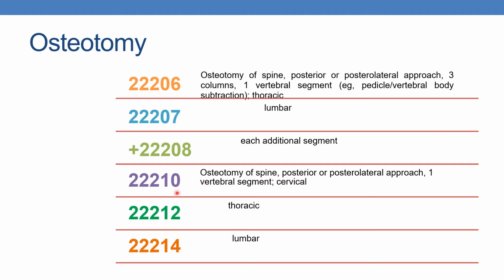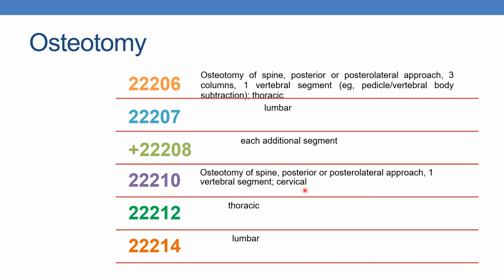The next is 22210. Osteotomy of spine, posterior or posterior lateral approach, one vertebral segment, cervical. Here in this code description, you don't find columns.